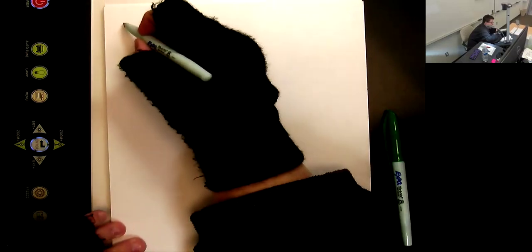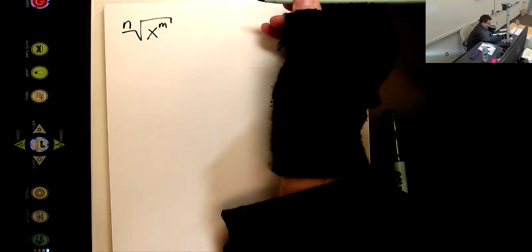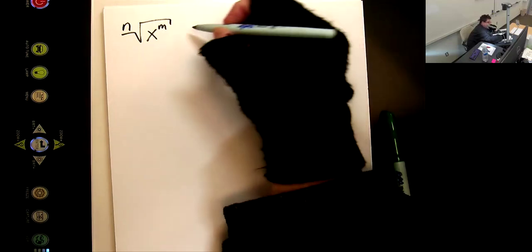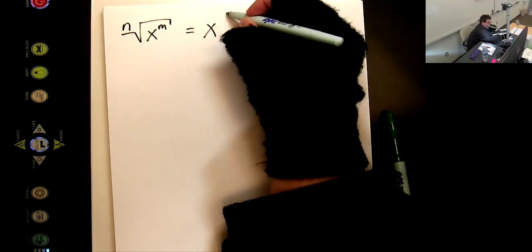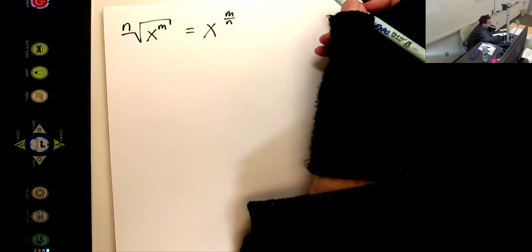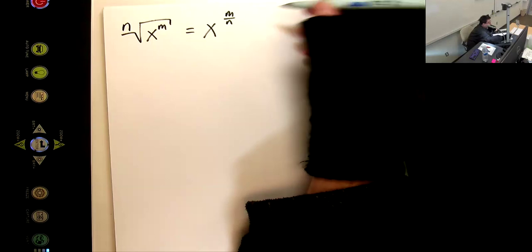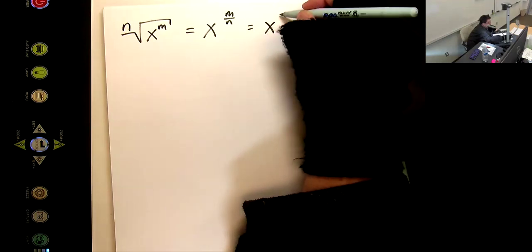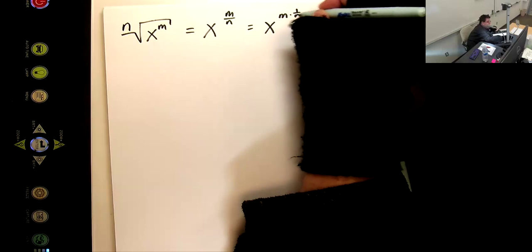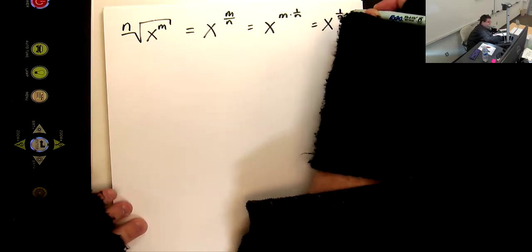So if I have the nth root of x to the m, this can be written as x to the m over n. And this is the same thing as x to the m times 1 over n, which is also x to the 1 over n times m.